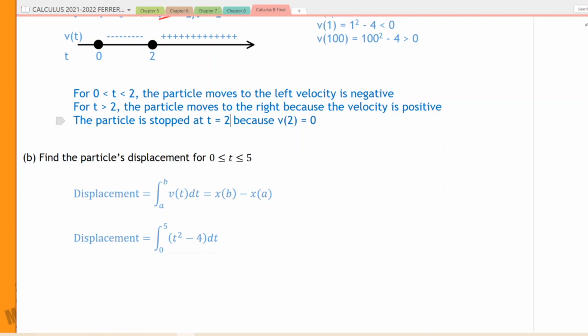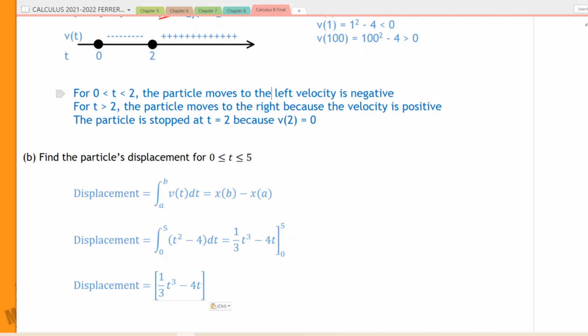The antiderivative of t squared is 1/3 t cubed, minus the antiderivative of 4, which is 4t. And then we're going to evaluate that from 0 to 5. Take our antiderivative, substitute 5, and then we're going to subtract our antiderivative, substitute 0.